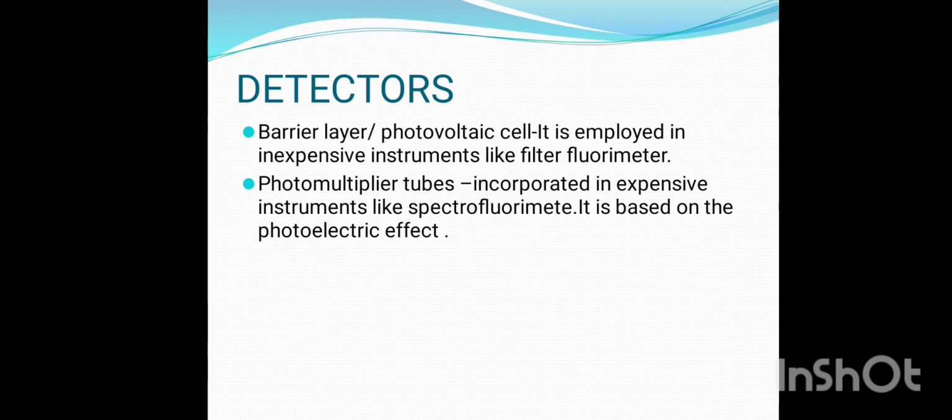Then above it there is a silver layer, and this creates a potential difference, and due to this the electrons can pass. The electrons are detected, and the number of electrons gives the measure of fluorescence.